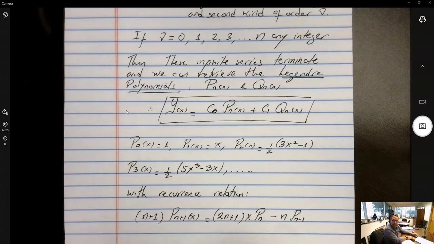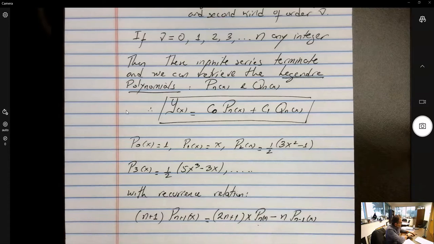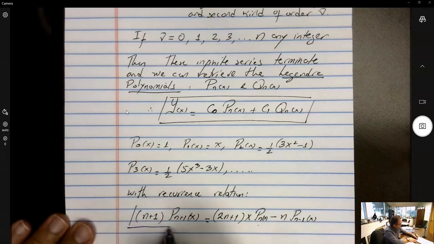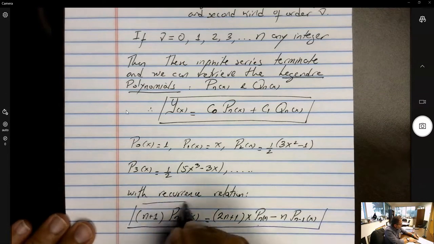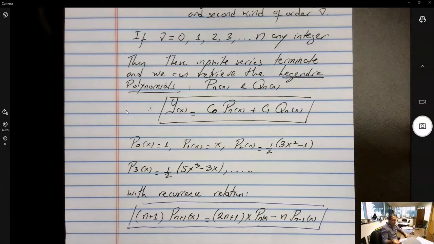So I can relate the third order polynomial to the second order and the first order, right? I can relate the fourth order to the third order and the second order, and so on and so forth. So I can always find the next polynomial by looking at the two previous ones. So this is Pn of x, and this is Pn minus 1 of x. So this is a recurrence relation for the Legendre polynomial of the first kind, Pn of x.